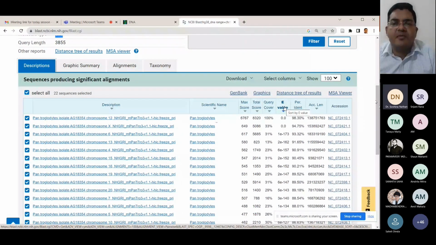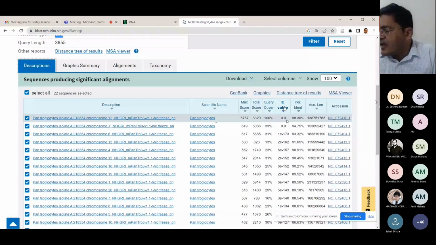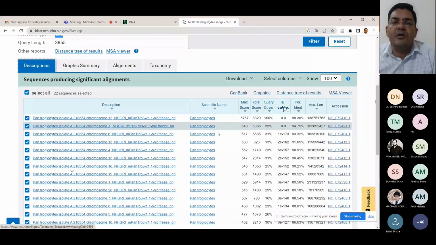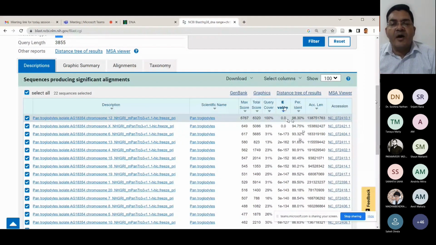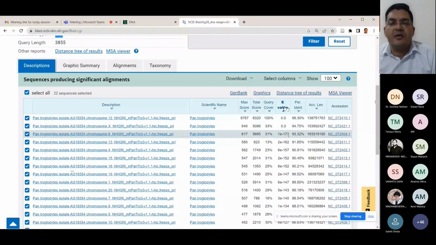We'll talk of it more as we go along. So E value, or expect value, the lower this value, the better it is. Ideally, when you're taking any hit as your significant hit, the E value must be 0.0, or the lowest possible value is more significant. Like 1E-173 is not so significant, right?